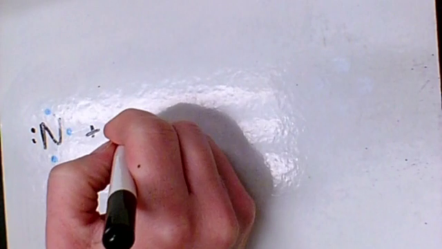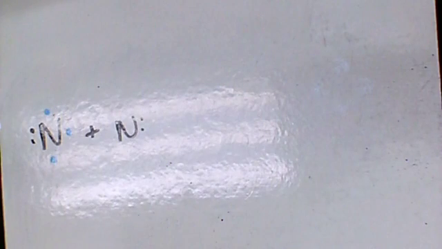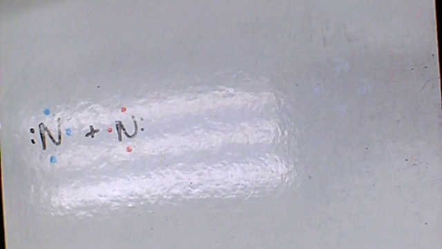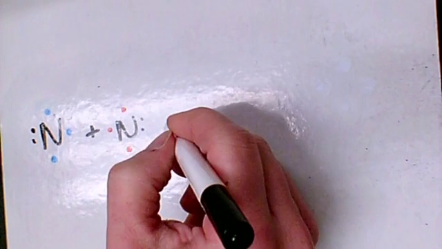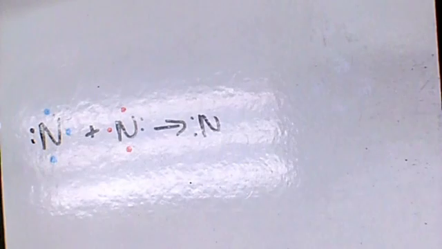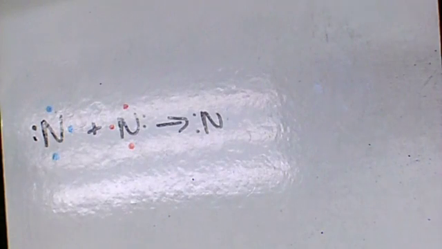And then we have a nitrogen over here. We'll give it 3. And we can see here that we can match up these electrons, these, and these. So we can form a triple bond like this, with all 3 of those in the middle.